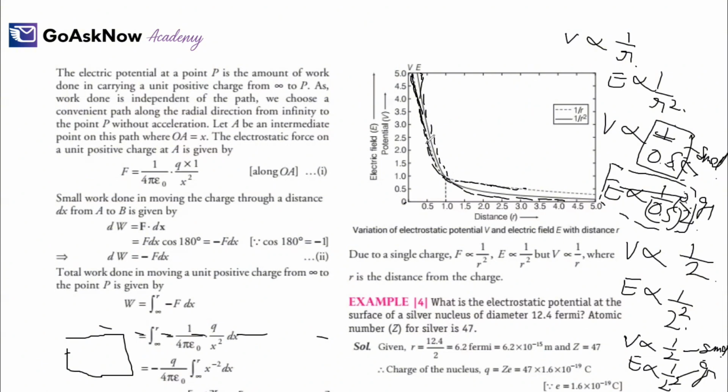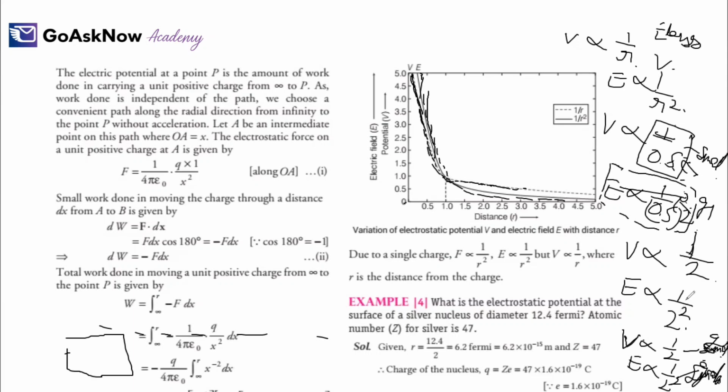So E will be steeper than V. I told it in the opposite way earlier, but it is like this. And in the region greater than 1, the E graph will be less steeper than V, because E comes to a smaller value and V will be a greater value, because 1 by 2 is greater than 1 by 2 square.